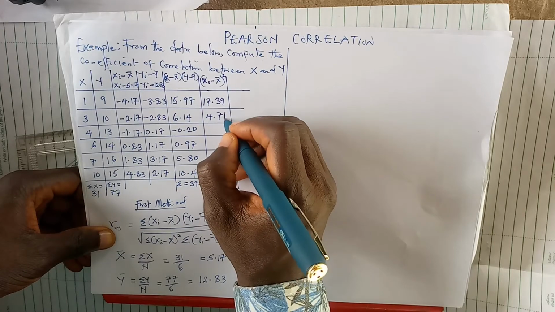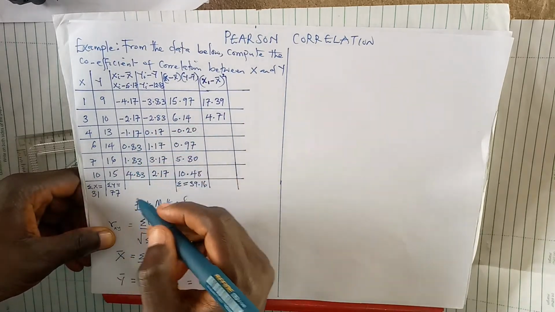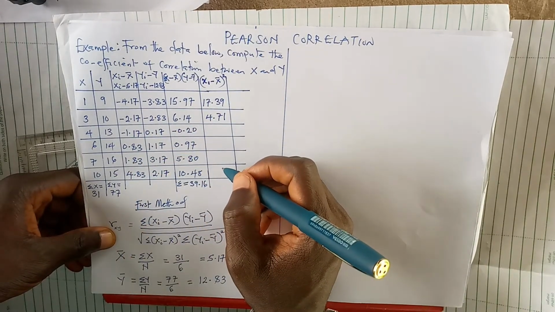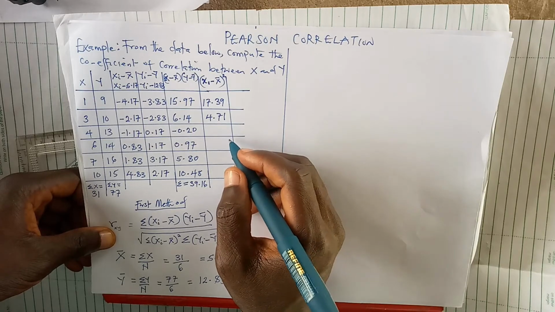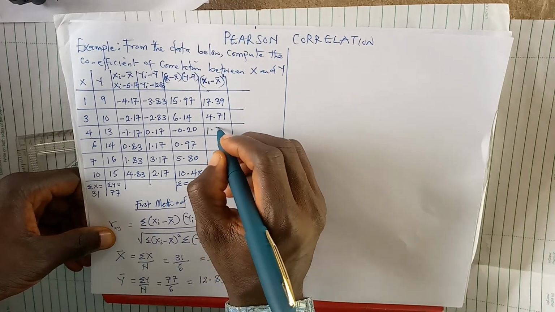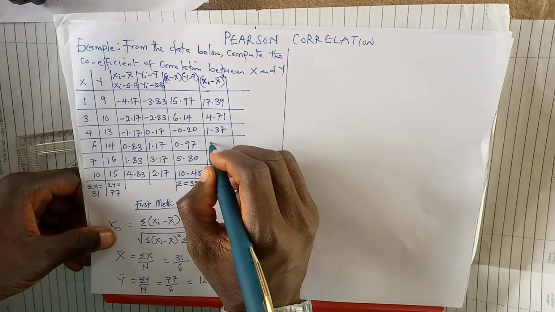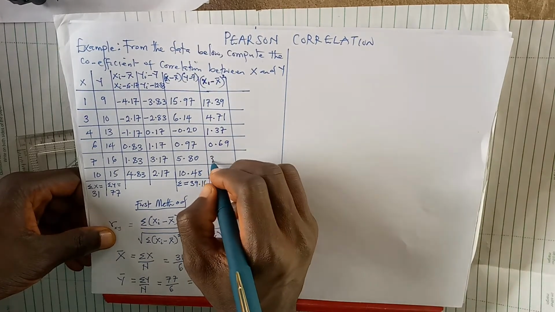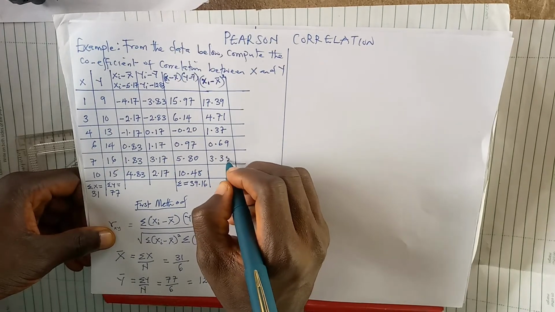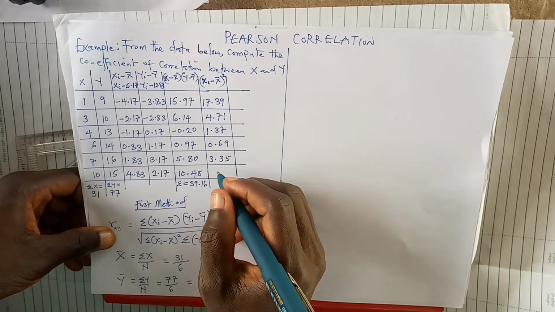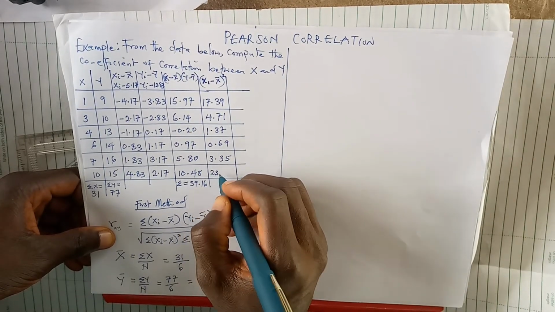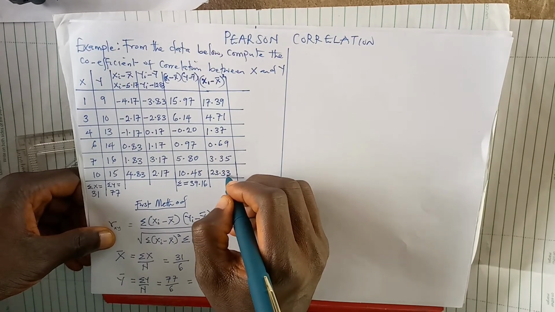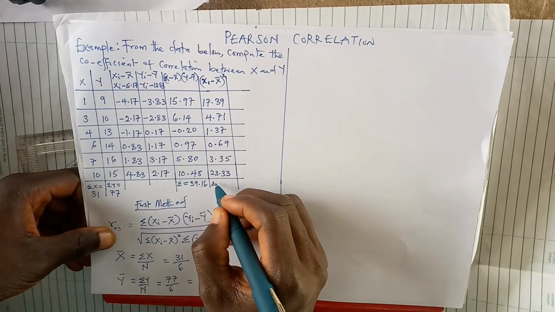So we continue squaring each value here and write the corresponding value in this box. The next one is going to be 1.37. The next one is 0.69. The next one is 3.35, and the last one here will give us 23.33. Now we need the summation of this box.